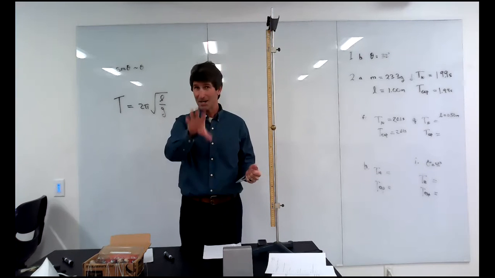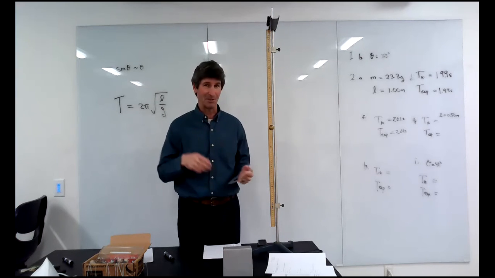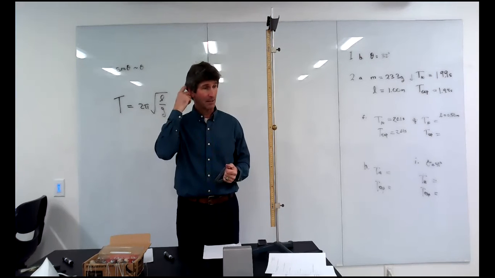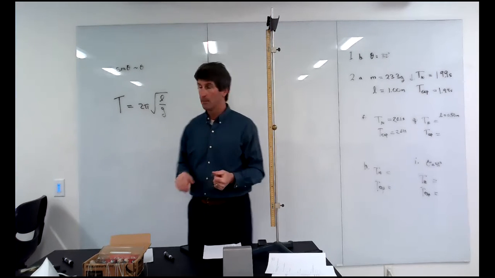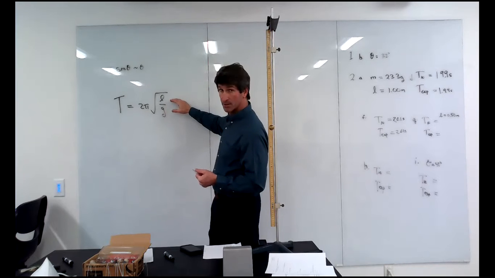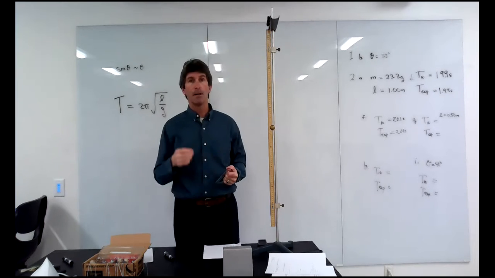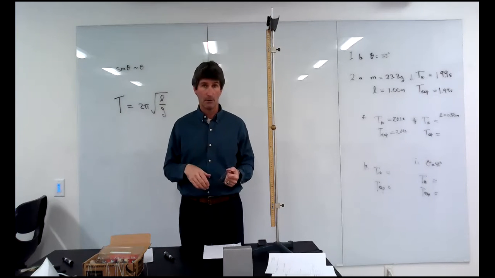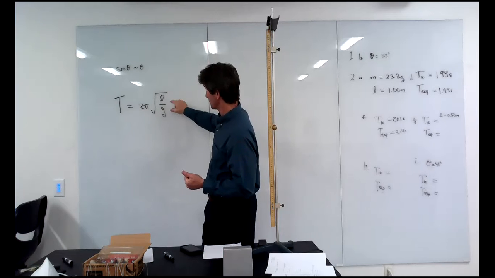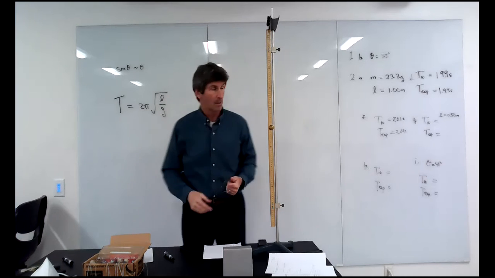You can calculate something more precise than that, but I'm just doing back of the envelope calculations. If I cut the length in half, I reduce what's under the radical sign by a factor of 2. But the period will only change by 1 over radical 2, because again, you're under the radical sign, I'm cutting this in half.